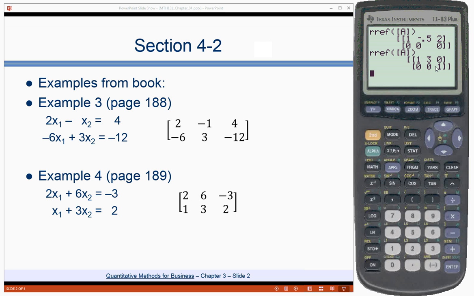The calculator always converts it to 0, 0, 1 in that bottom row. If you had 0, 0, minus 5 and you divided the row by minus 5, you'd get 0, 0, 1, which is what the calculator does. And it doesn't matter. 0 doesn't equal minus 5 any more than it equals 1, so it's still inconsistent.